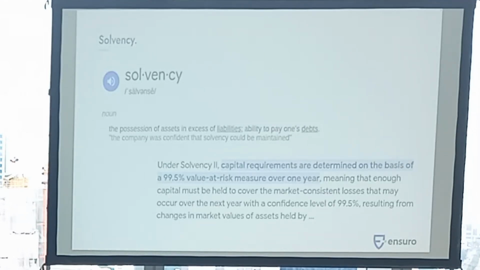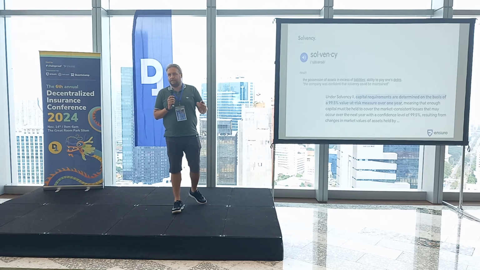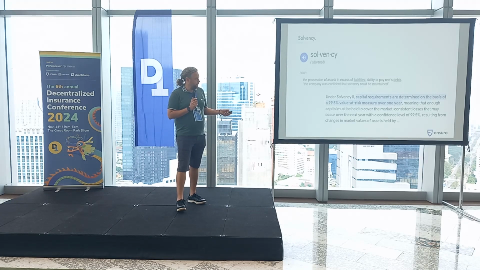So an efficient insurance company doesn't need to be fully collateralized for all the risk that it's taking, but can act on leverage, or can have less capital, but enough capital to be solvent in the big majority of the scenarios. So that is also part of a restriction that applies to the design of Ensuro.